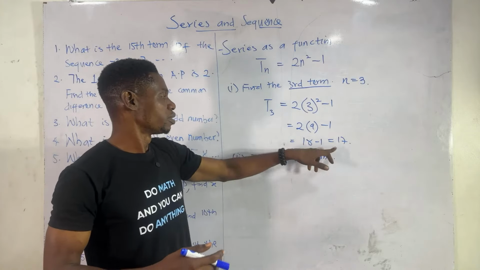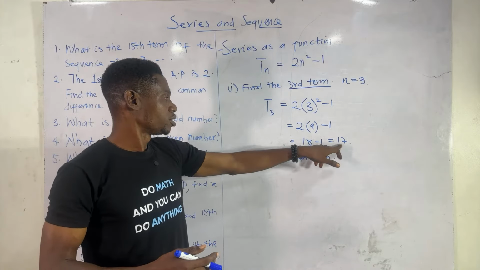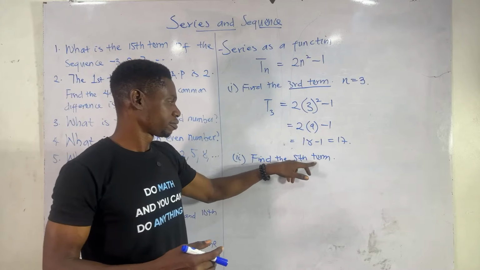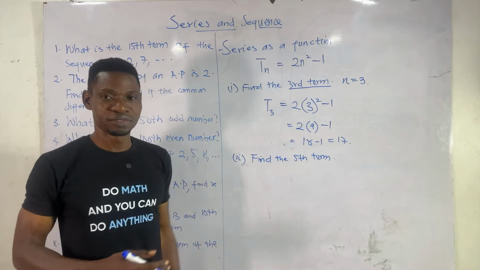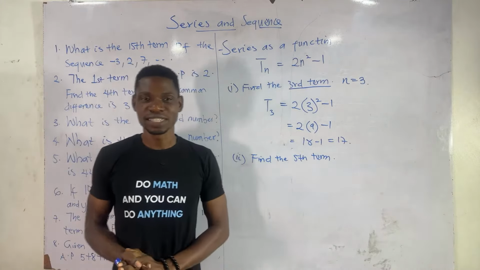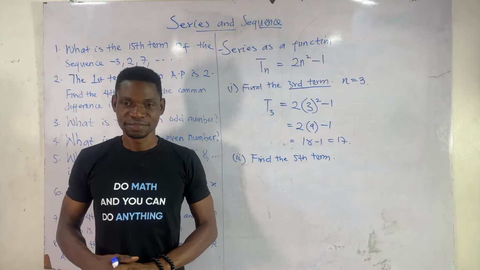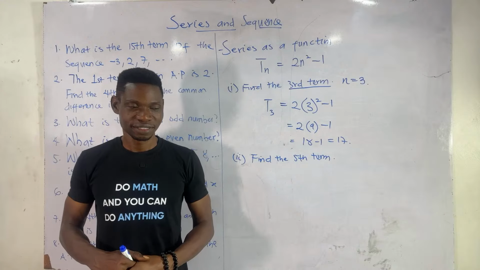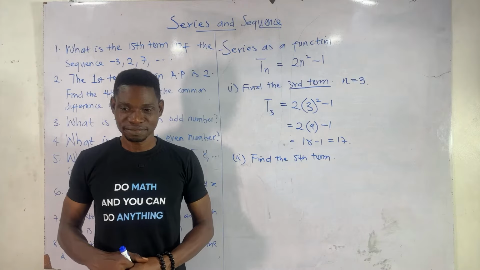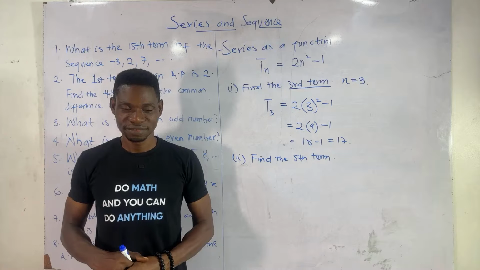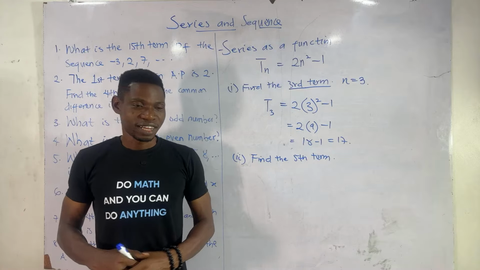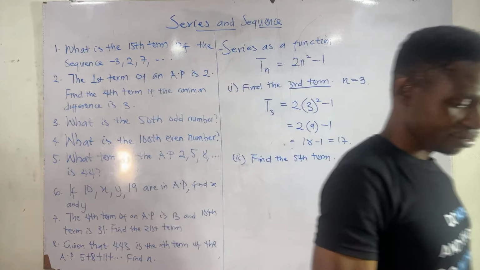For the third term, we had 17. So the fifth term, what would the answer be? Solve in 30 seconds. Let's go. Yeah, I'm waiting. I'm waiting.